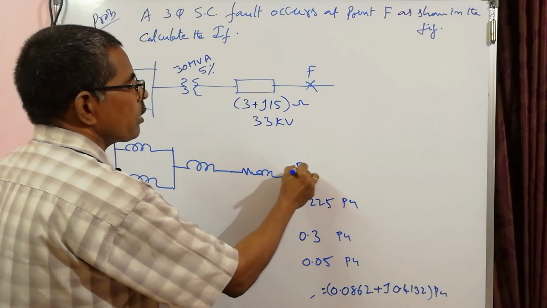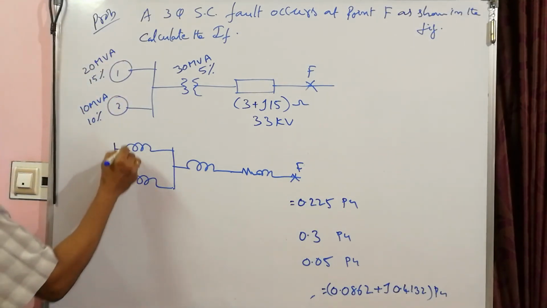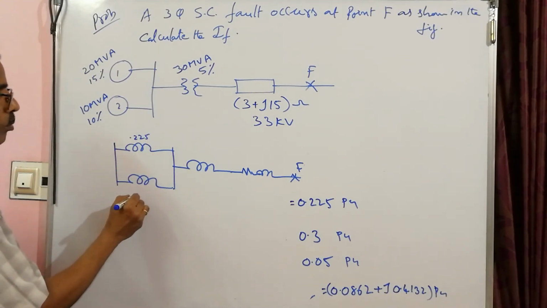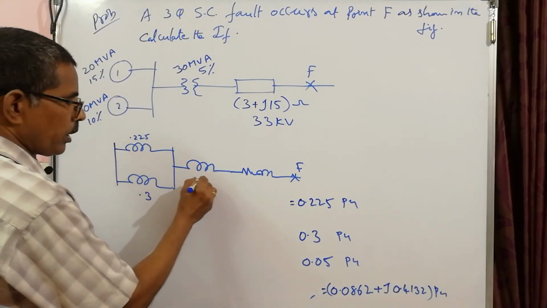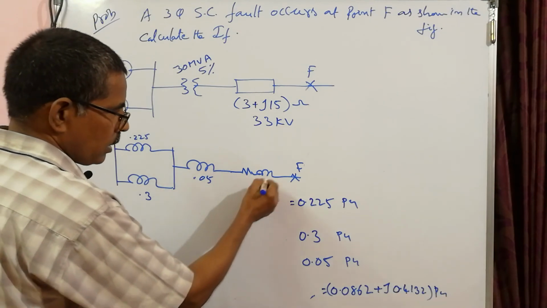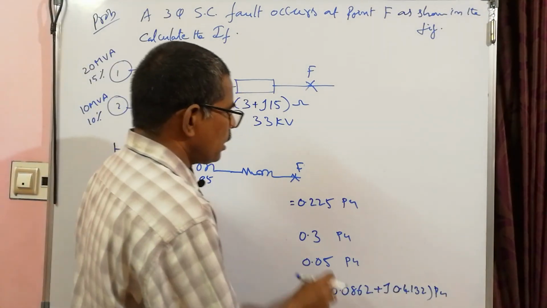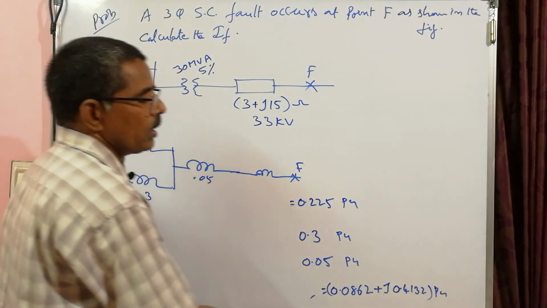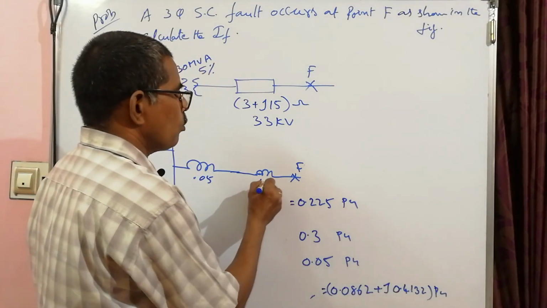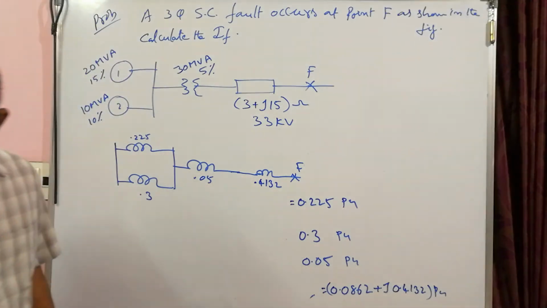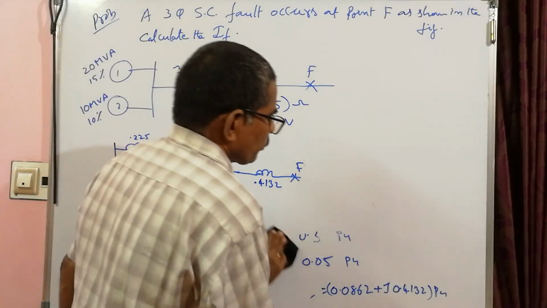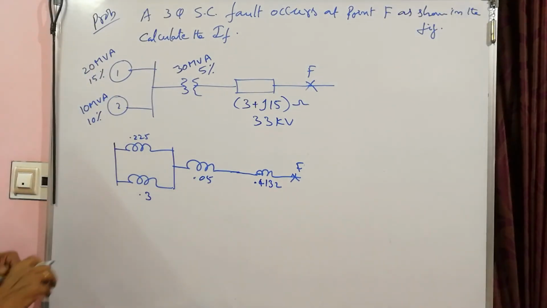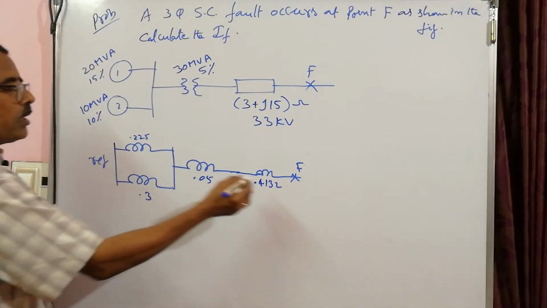This is fault point F. These values are 0.225, 0.3, 0.05 and the impedance is this, and you can take only the reactance, is it not? We can neglect the resistance. So, 0.4132 I consider. Okay, consider only the reactance, we want reactance diagram, this is reference and this is fault point.